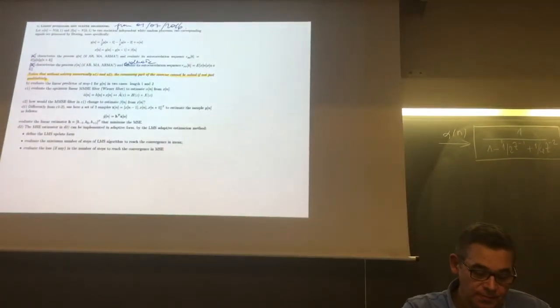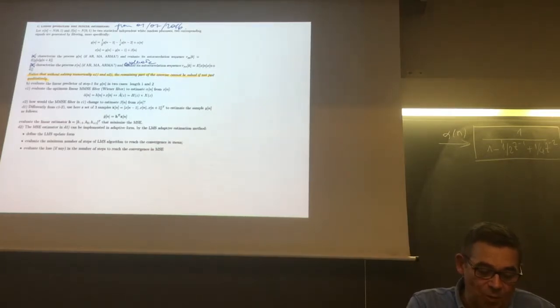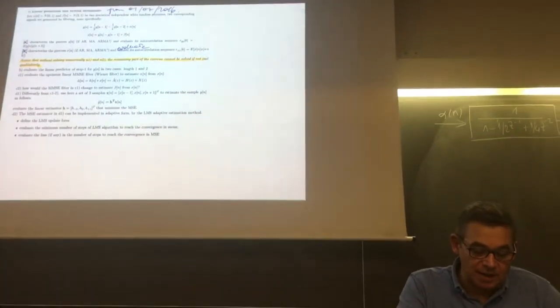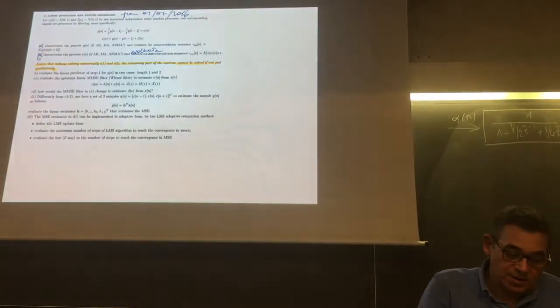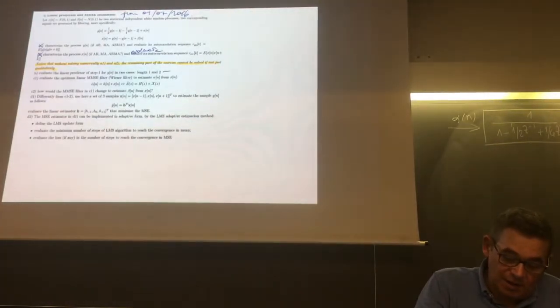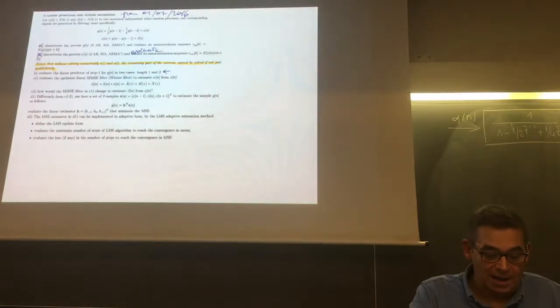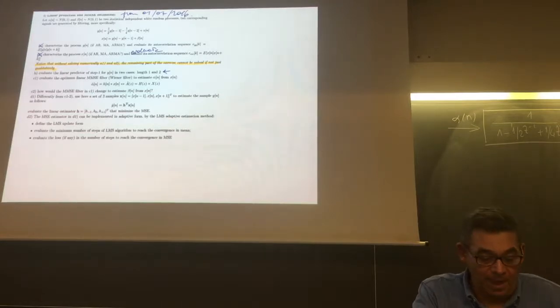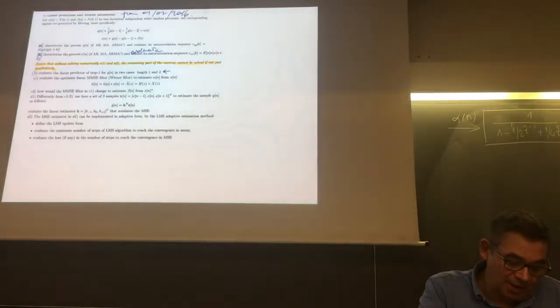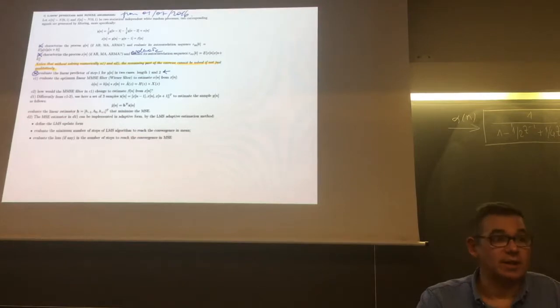Now, part B: evaluate the linear predictor of step 1 for y n in two cases, length 1 and length 2. So this is a linear predictor of y n of length 1 and length 2. Now you understand why I chose this exercise.